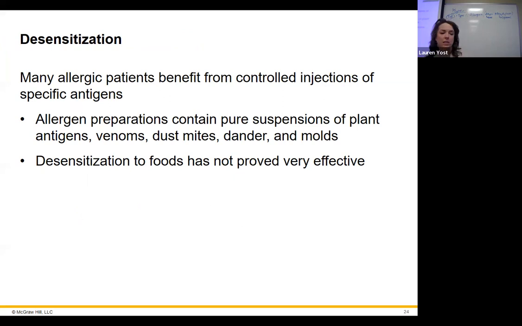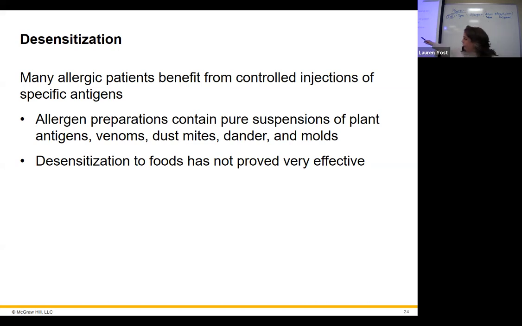So then desensitization is probably the best goal. If we can move to desensitization, that means you were allergic to cat dander. You went through this process of desensitization, and now you are not allergic to cat dander anymore, at least effectively, right? So we will expose you to small amounts of whatever you're allergic to provoke a different response than the IgE response, and try to overwhelm that IgE response that way.